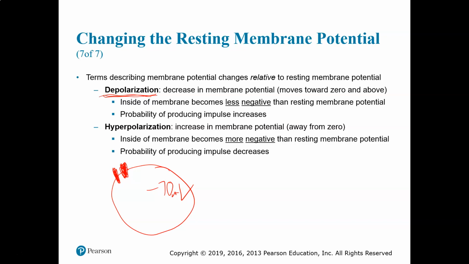Sodium is going to come in real fast because there's way more sodium on the outside than inside. So if sodium, which is positive, comes in, then the voltage is going to go from -70 to -69 to -60 and so on. It's going to become less negative, and it may even become positive. But depolarization just means that positive ions come into the cell and make the membrane potential less negative.